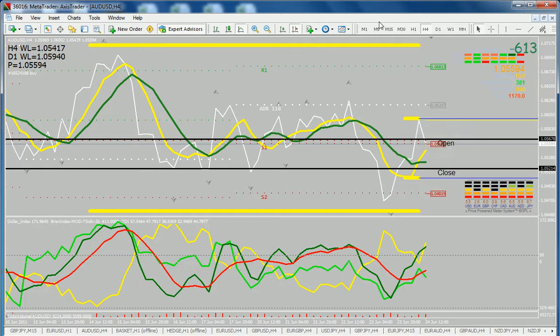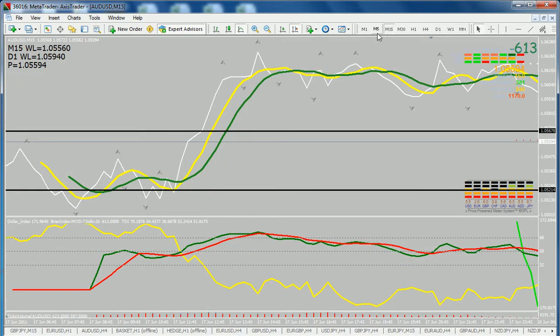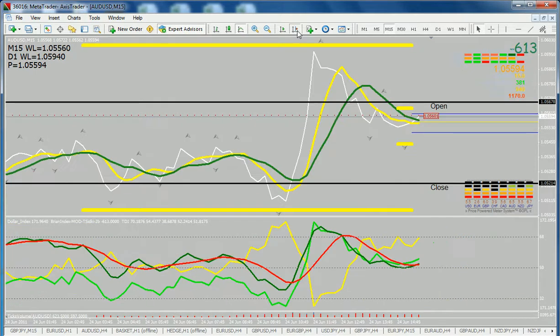whether you're scalping in the 15-minute time frame, we should always scalp in the direction of the trend, and also preferably trade with the higher swap interest.